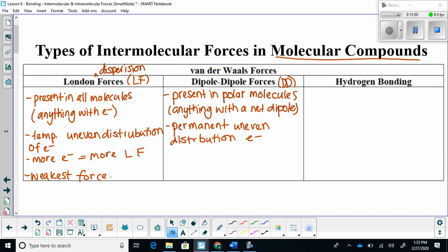Okay, forming that partially positive, partially negative side, which allows us to attract more molecules to each other. Okay, this is a much stronger force than London forces. So stronger than London forces. Again, because we form those poles, it allows it to attract other molecules.